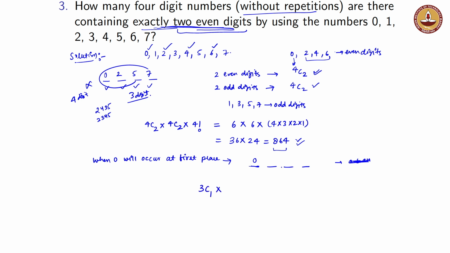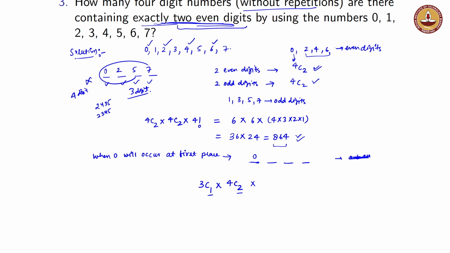And the remaining two places will be for odd digits, which I can do in 4C2 ways, because there are a total of four odd digits and I have to choose two. Now we have selected three numbers, one here, two here.